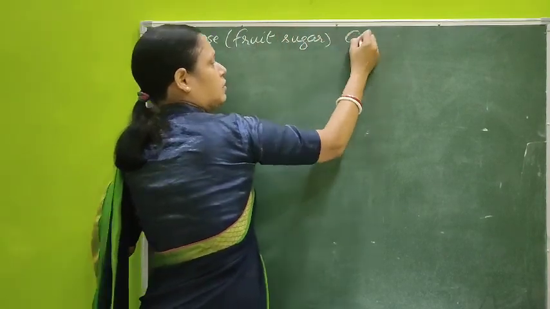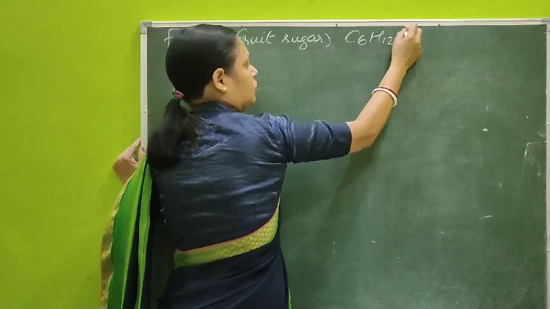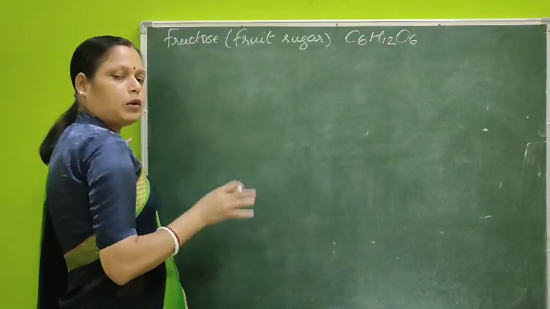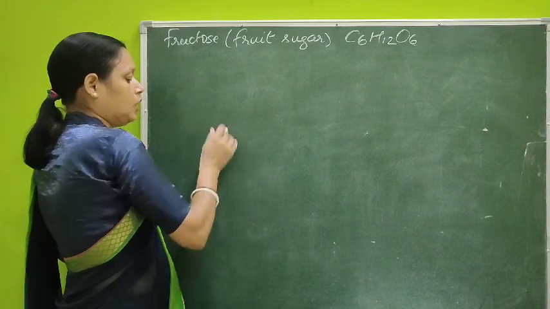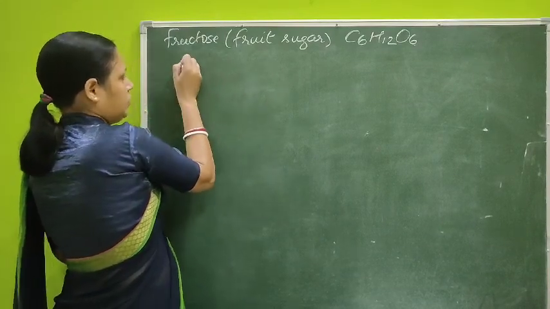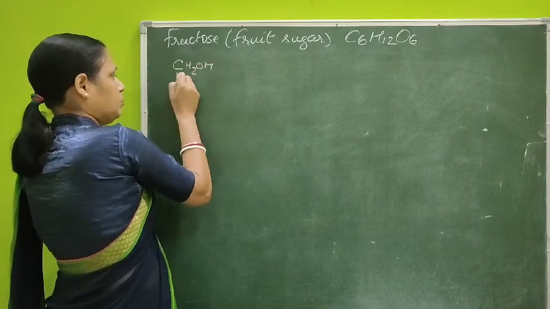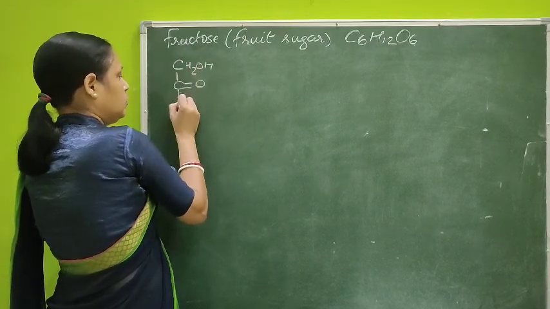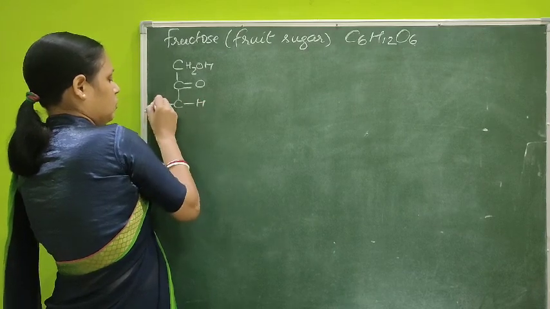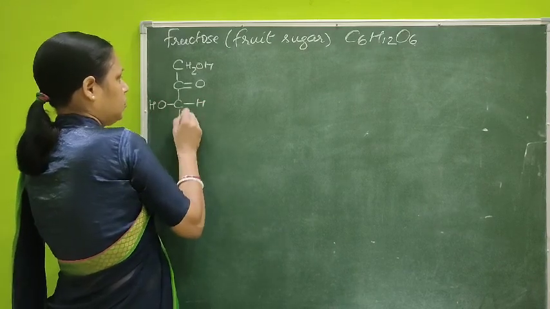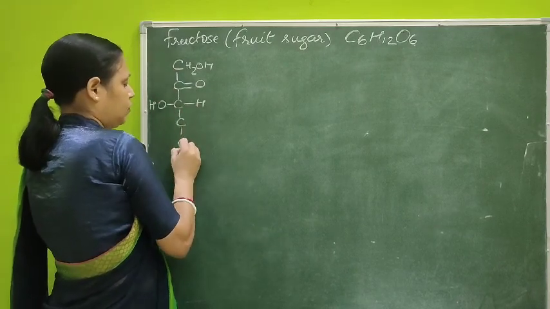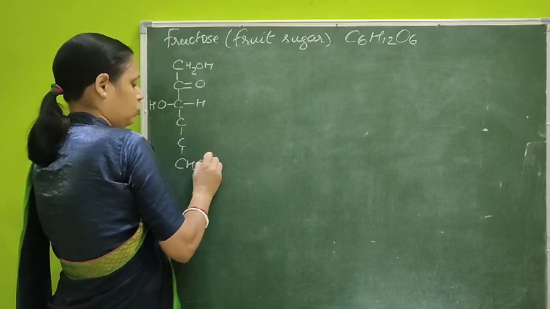The formula is C6H12O6, exactly the same formula as glucose. In this case, if we see the structure, only one difference is there: CH2OH, C double bond O, CH, OH, C 1, 2, 3, 4, 5 and the 6th, CH2OH.